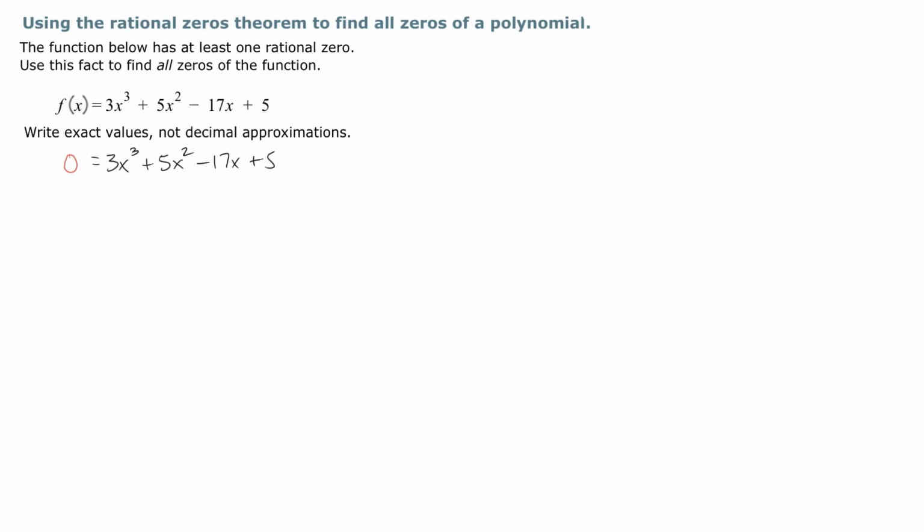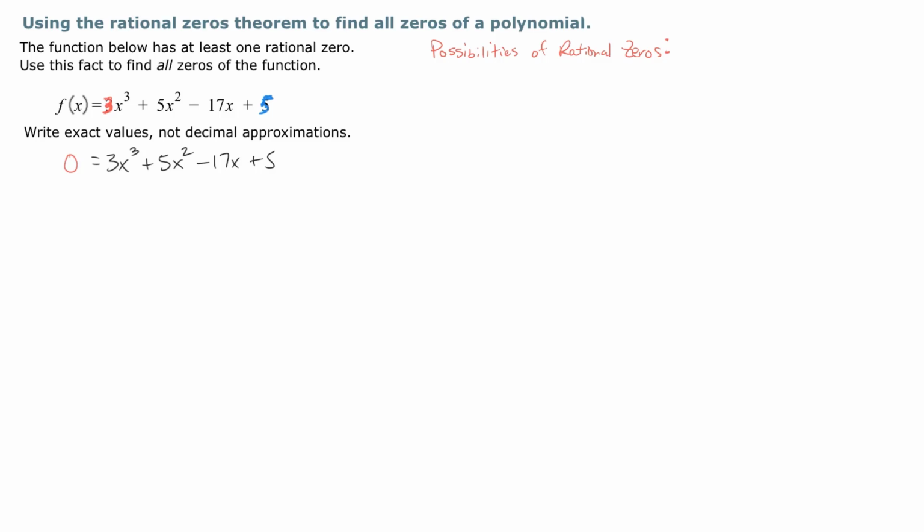We know it has at least one rational zero, so let's use the rational zeros theorem to find the possibilities. The possibilities of rational zeros. According to the rational roots theorem, we are going to look at this 5 here. And then we want to see the factors of 3 and the factors of 5.